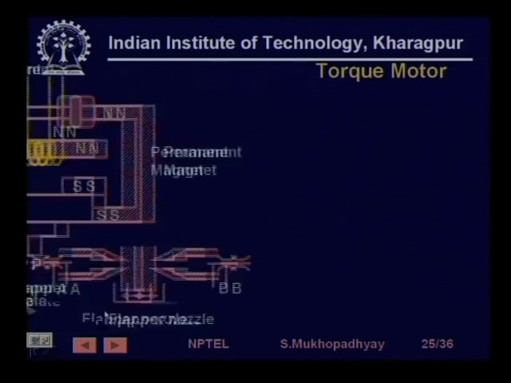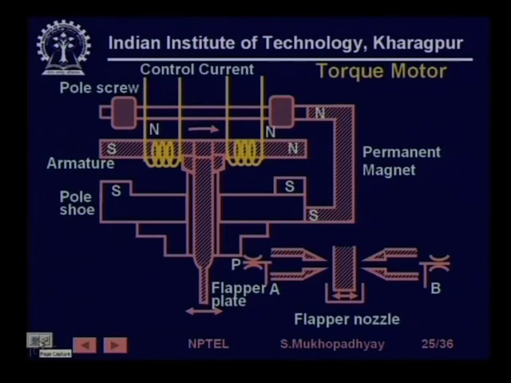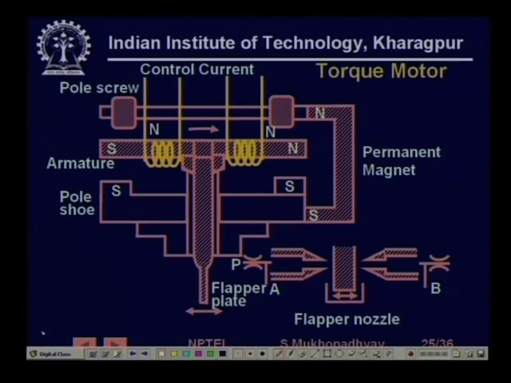Next, here you get to see the construction of the torquer. When you create an S pole here and an N pole here, and an N pole here and an S pole there, that is the way it is wound. Now you have this pole shoe.